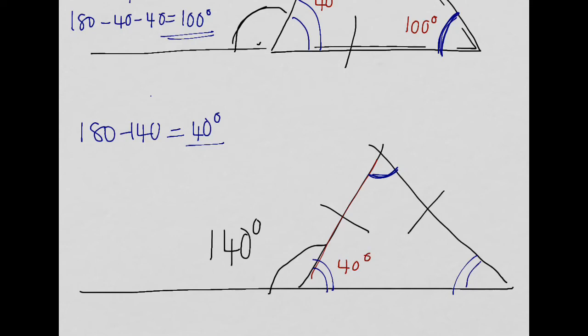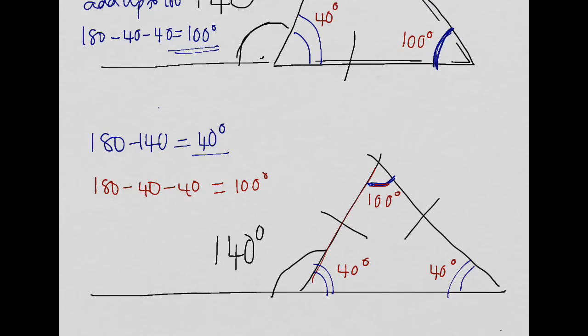And again, it's the same angle twice, so I'm going to have to write it there as well. So there's two places that's 40 degrees, and therefore my angle at the top here, that would be 180, subtract both my 40 degrees, and now my 100-degree angle is at the top.